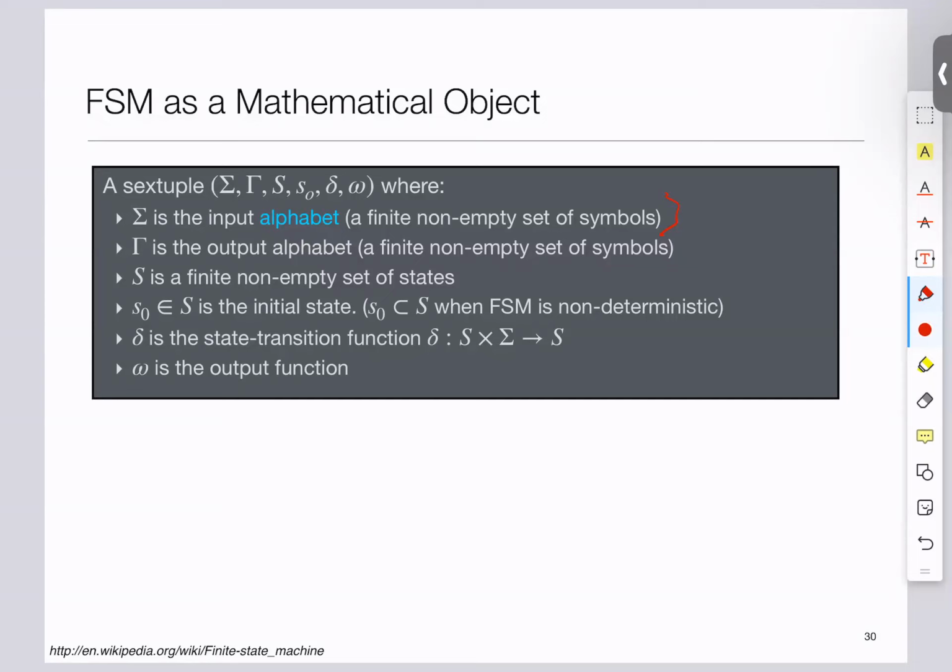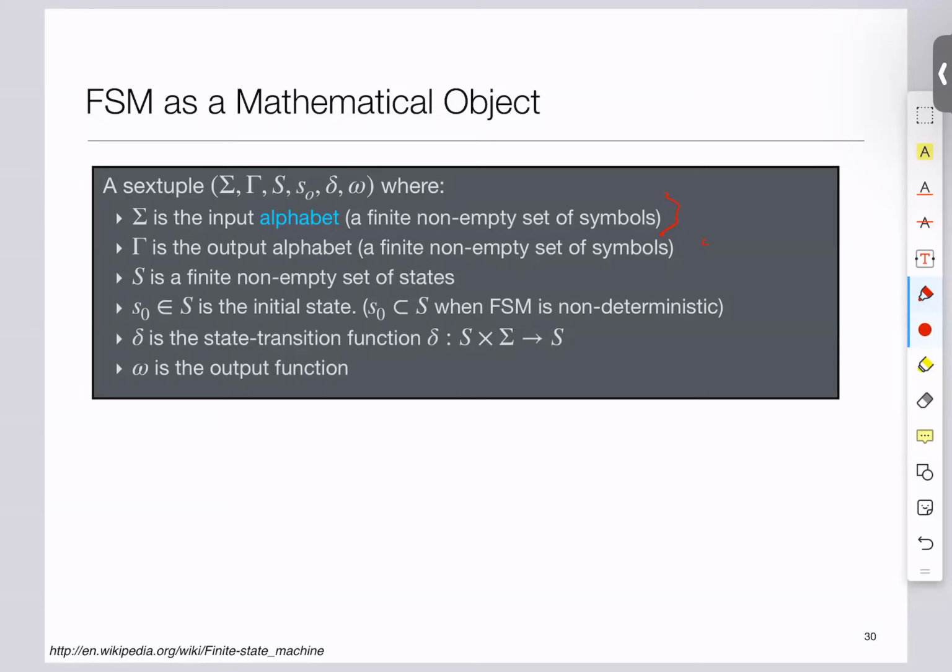In my UCLA example, the set sigma was A through Z and a dollar. Then uppercase lambda is the output alphabet. Every clock tick, it is outputting a symbol, and that symbol comes from this set lambda. So that's the output side.